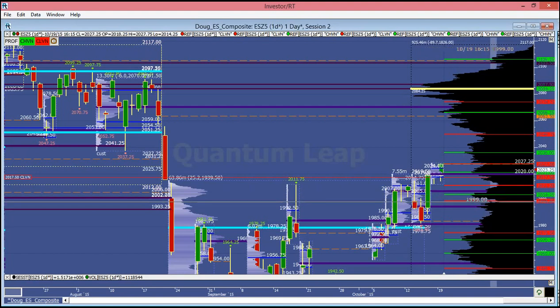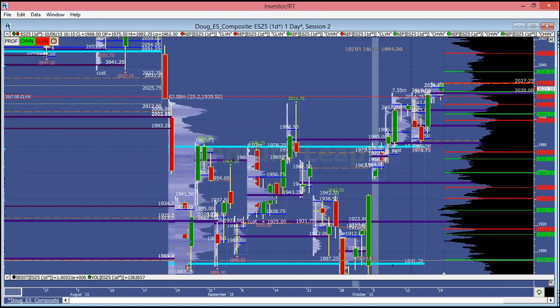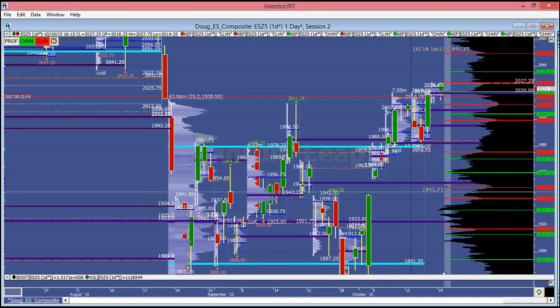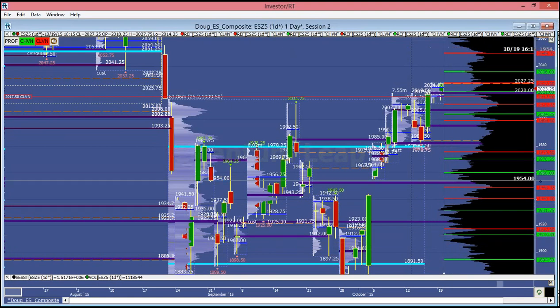Because if we don't hold that 1999.50 area, the CLVN there, then we're likely to come down to the 95 and the 82 area, and I don't think it's going to hold this time. That will bring us back into this value area, and we have a lot of repair to do down here, and we could rally from here.